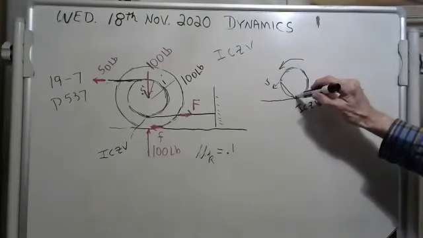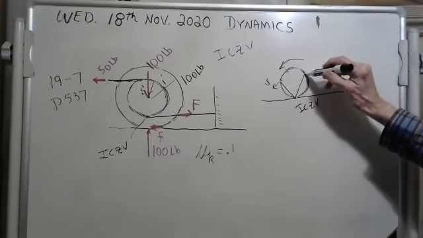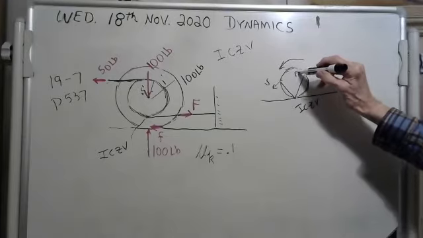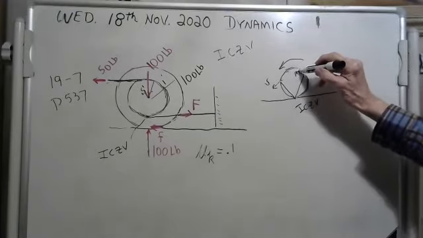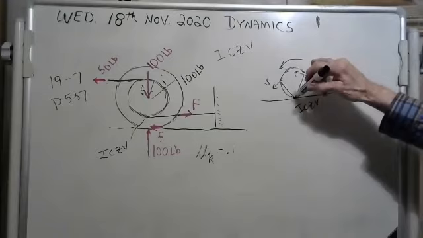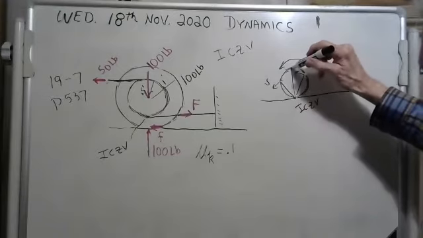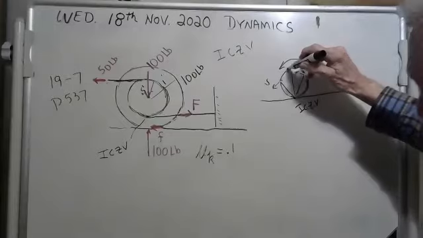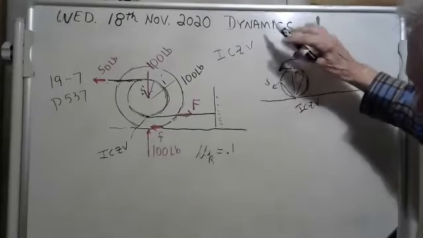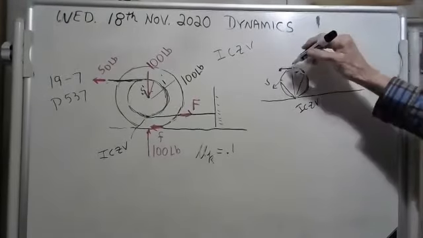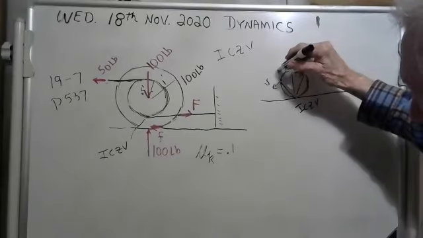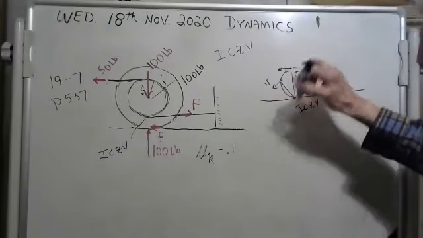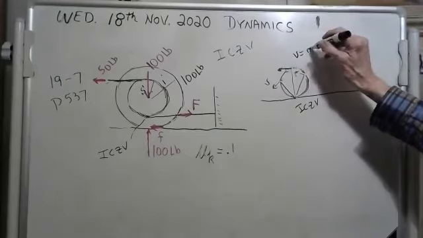If you take a point on the basketball up here, it has a velocity like that. If you take a point up here at the top of the basketball, it has a velocity like that. And actually, that velocity there is a little bigger than that velocity there, because velocity is equal to r omega.